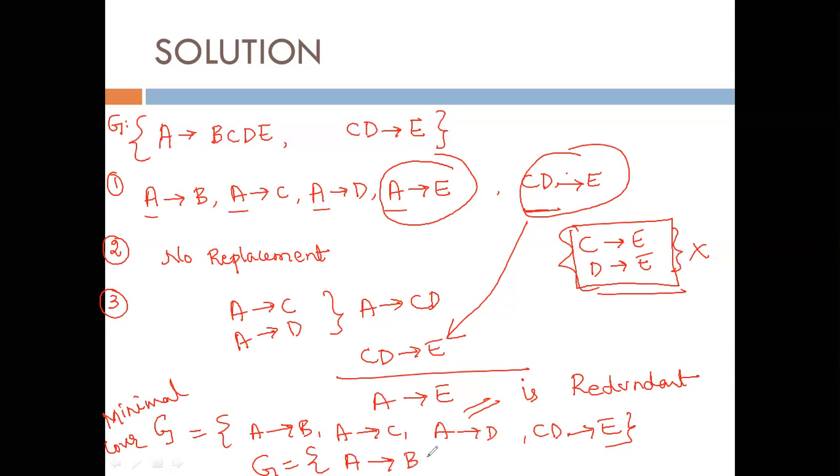So A determining BCD and CD determining E. This will be our final set of functional dependencies.